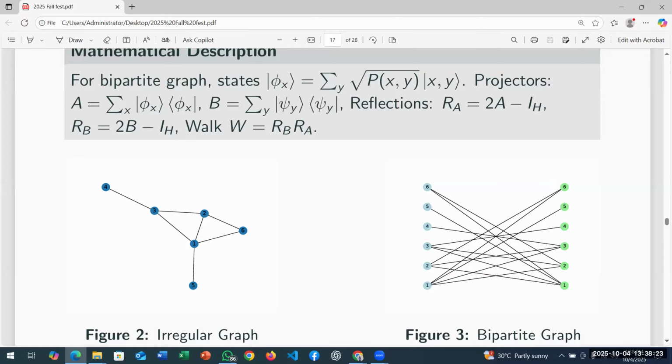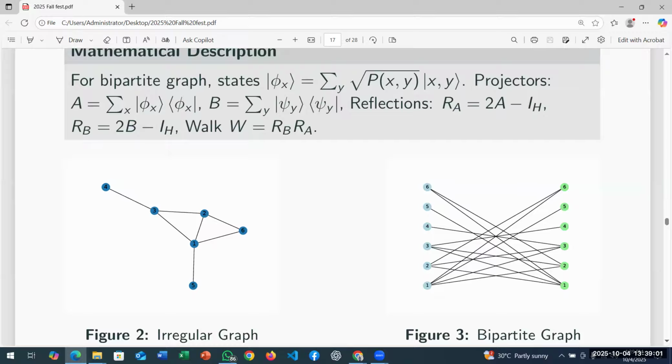Since I have 4 edges around this node 1, if a walker is on this node 1, that walker has 1/4 probability of moving to any of its neighbors. That's just what it means. I'm now explaining figure 3. I'm on light blue now. 1 under light blue.